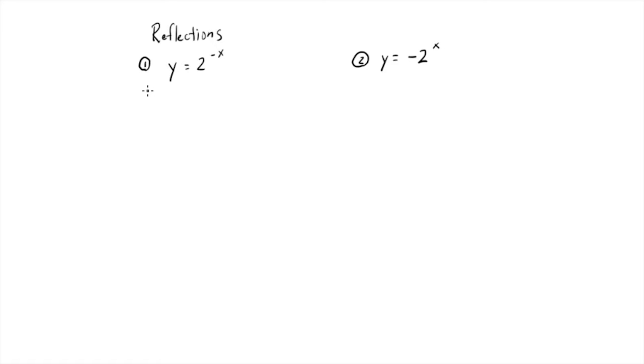So first of all, we're going to look at case 1, where we know that f of x in the previous case equals 2 to the x. What are we doing to this formula? We are evaluating f of -x. So when we have f of -x, this causes a reflection in the y-axis.